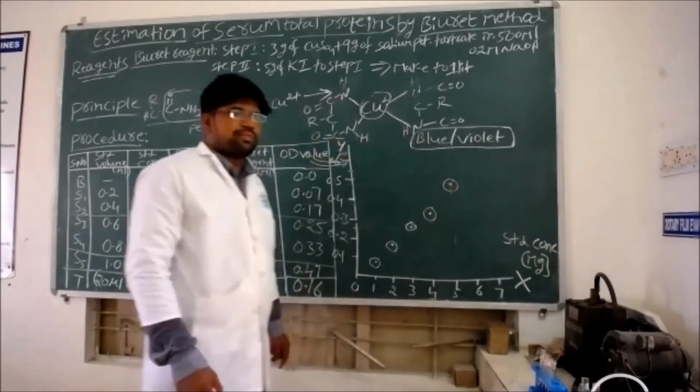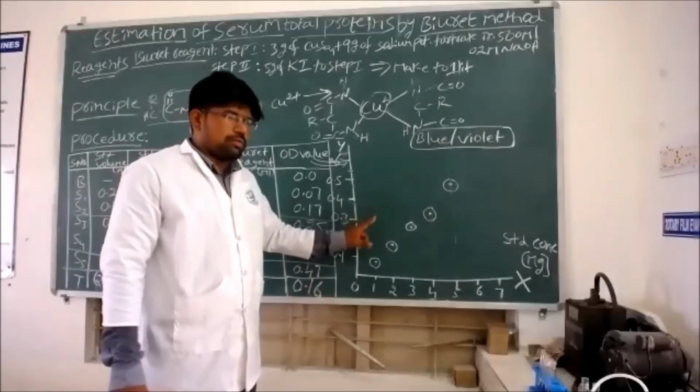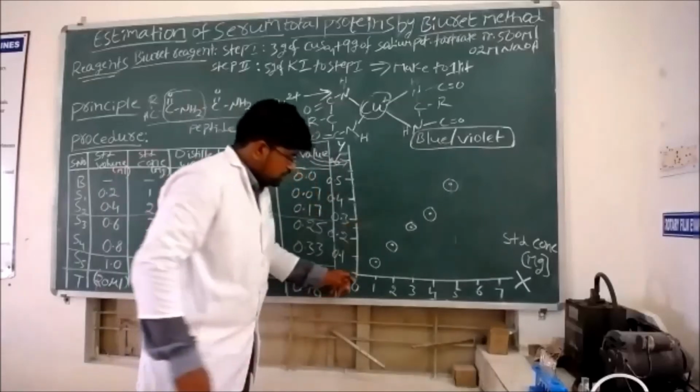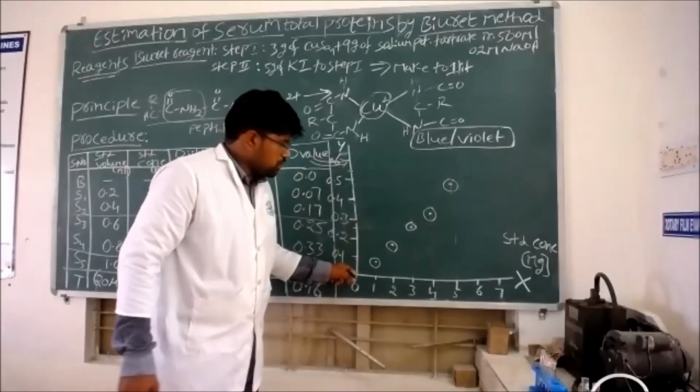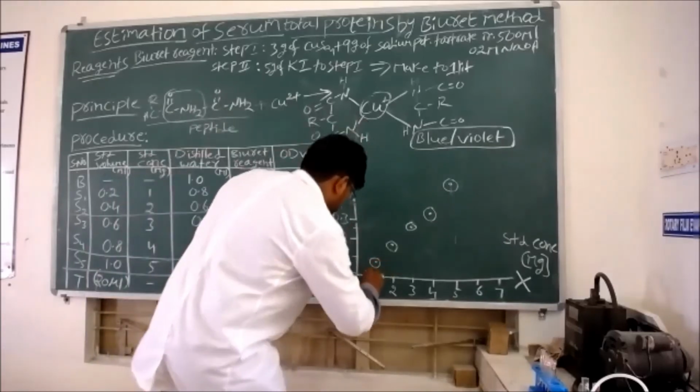So that is the S5. In that way you mark the points on the graph paper, and now from the origin, so this is the origin, you draw a straight line that has to touch the maximum points.